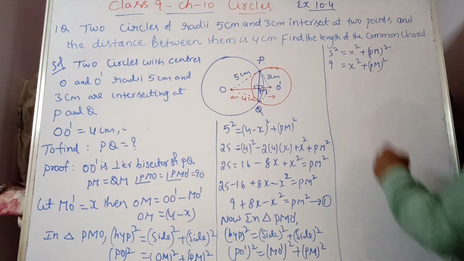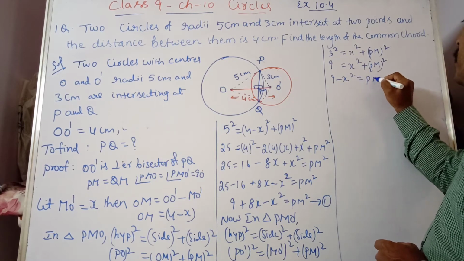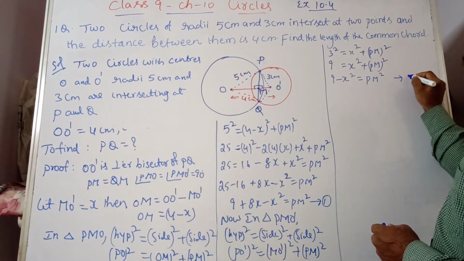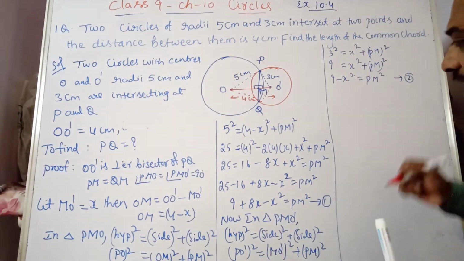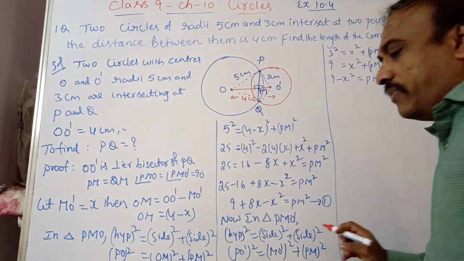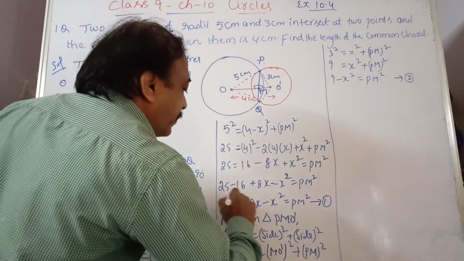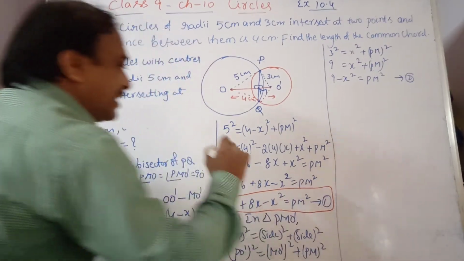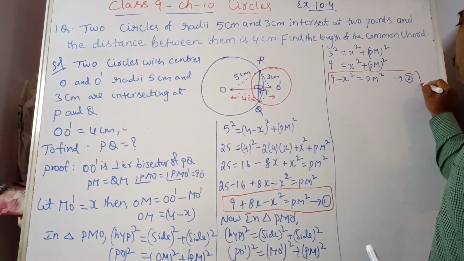Transposing x square, 9 minus x square is equal to PM square. We call this equation 2. Observe equation 1 and equation 2 clearly.